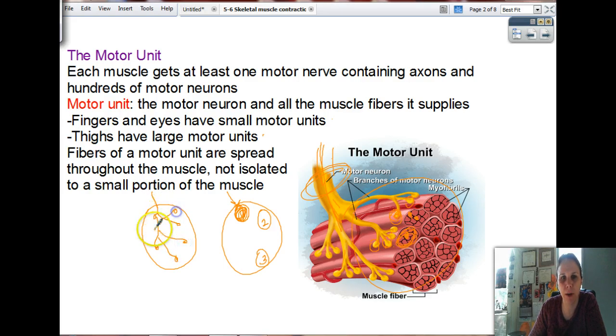So if I only want my muscle to contract a little bit, well then it'll only contract those cells. But if I have another neuron come in and it's affecting more of these cells, well then when I make both of these contract, more cells will contract. Okay? So the main thing is that they're spread throughout the muscle, not isolated in little packets.